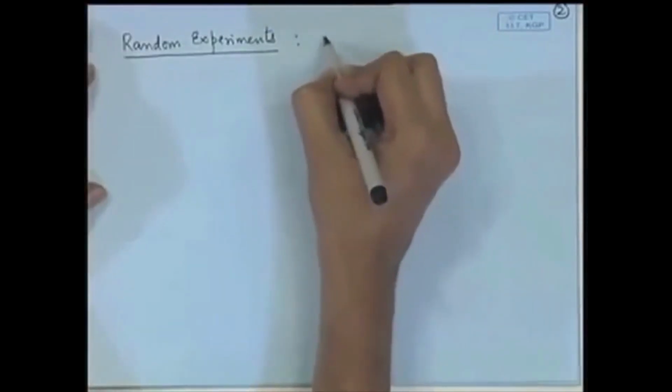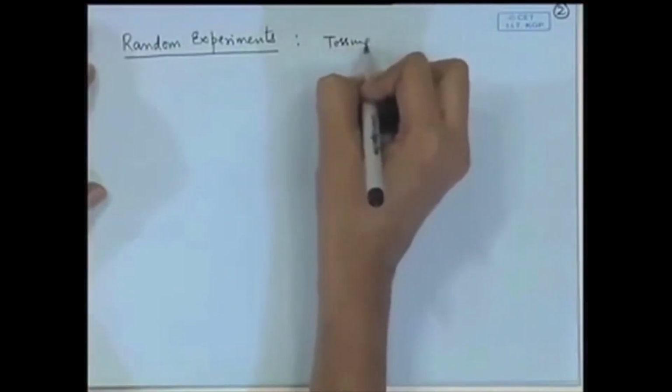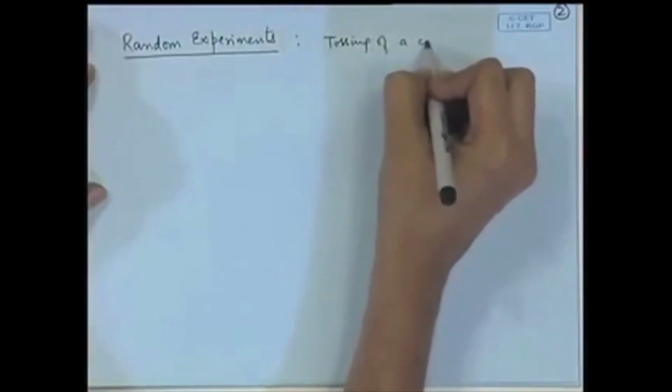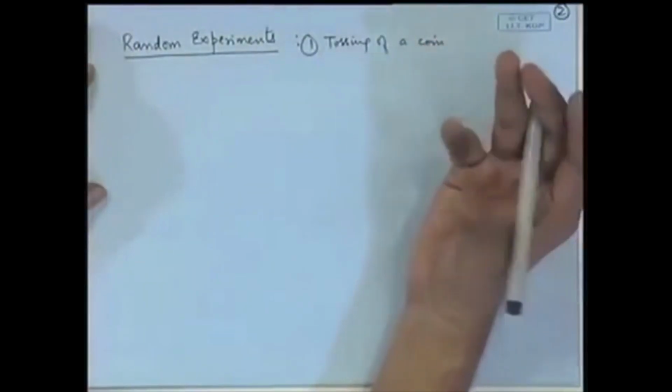Consider, for example, tossing of a coin. Although we may fix a lot of conditions such as what kind of coin we are having, how to hold it when we are tossing, even then when we toss the coin and it falls, the outcome is uncertain. It may be head or tail, or in some extreme situation we may consider that it stands on its side also.